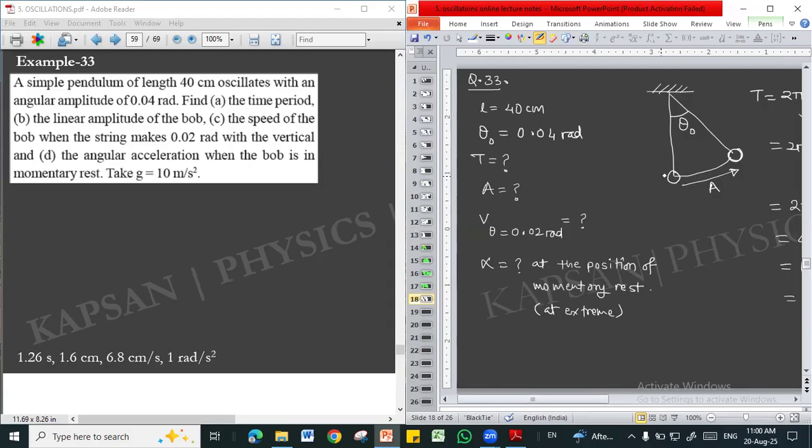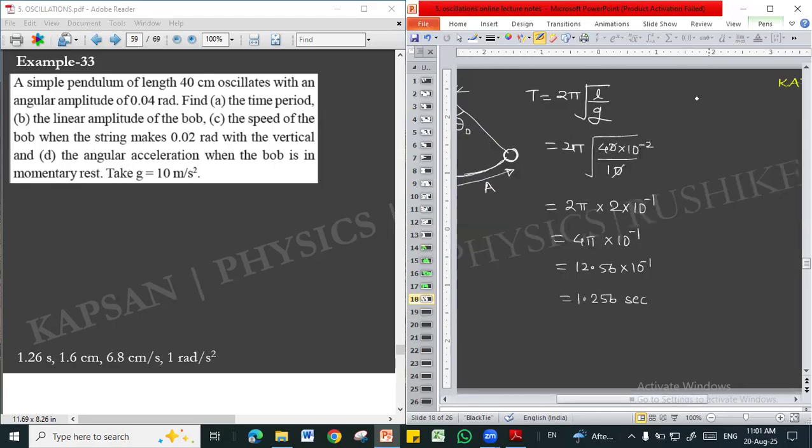I have exaggerated this situation, so you may see this curvature. Actually, the oscillations are very small, so the curvature will be 0. So arc length is equal to radius into angle. So linear amplitude is equal to radius into angular amplitude.